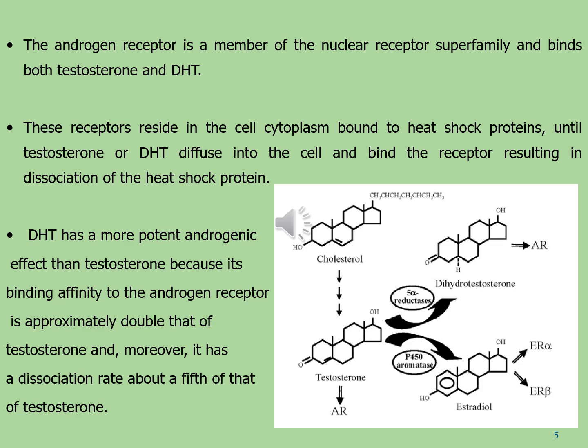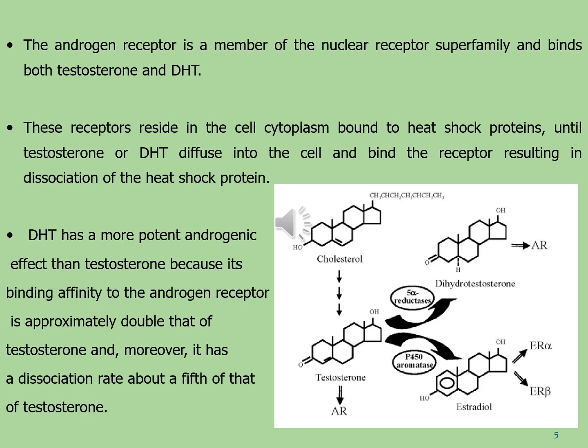DHT has a more potent androgenic effect than testosterone because its binding affinity to the androgen receptor is approximately double that of testosterone, and moreover it has a dissociation rate about a fifth of that of testosterone.